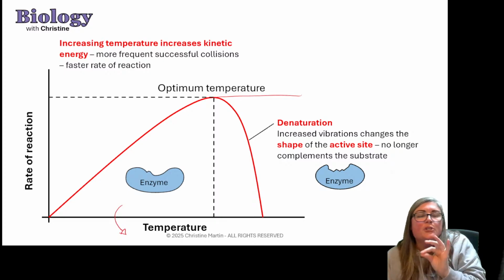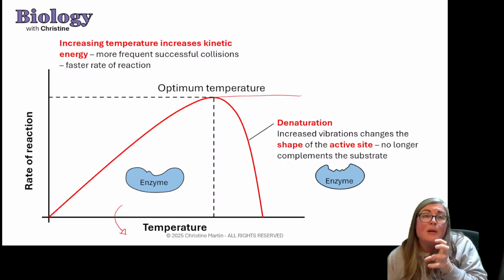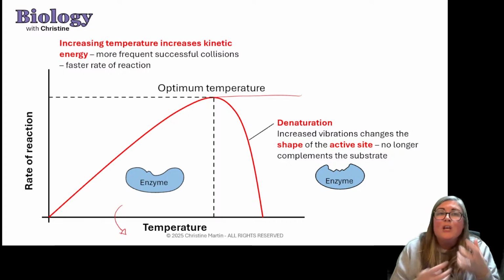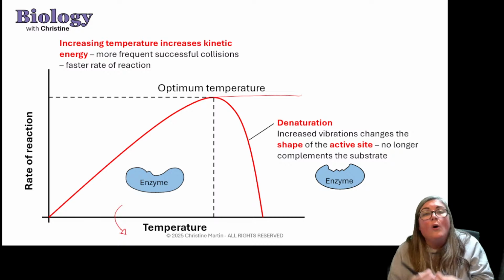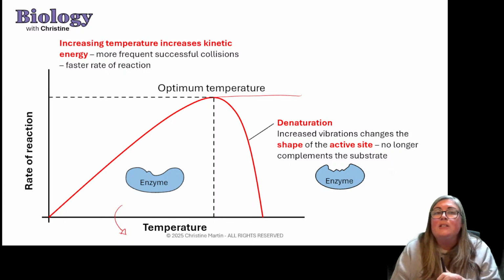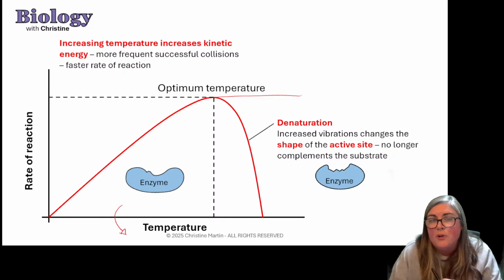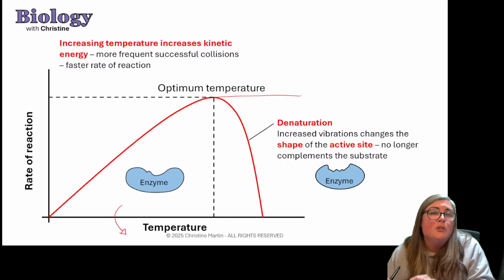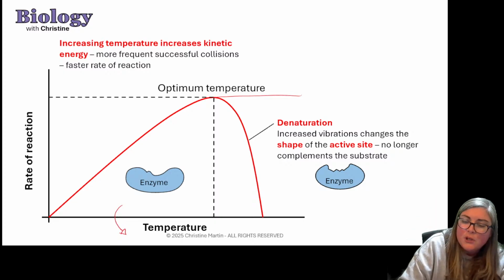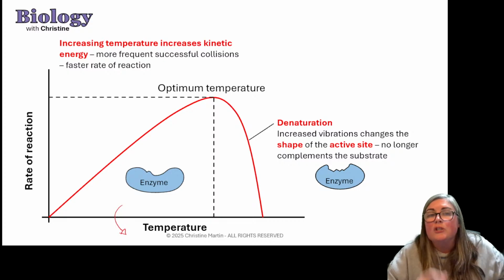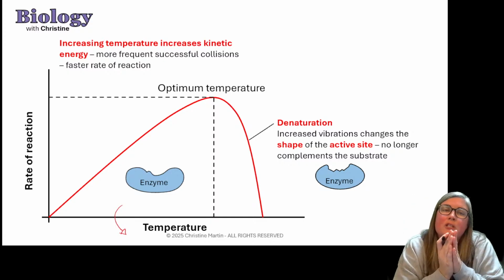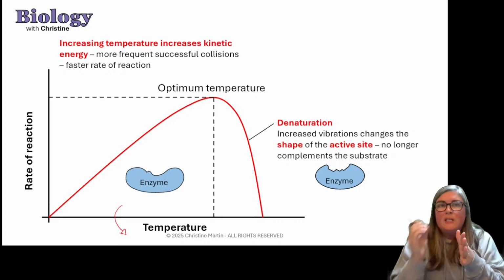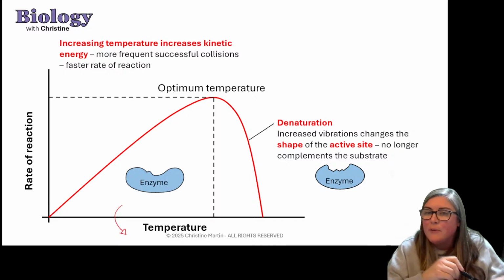However, temperature is unique because if I increase the temperature too high, I'm going to increase vibrations. That's therefore going to change the shape of the active site. It is no longer complementary to the substrate. Do not jump up to denaturation when you see temperature without actually talking about what's happening before the optimum. And that's where a lot of students have memorized optimum denaturation but forget about that before.